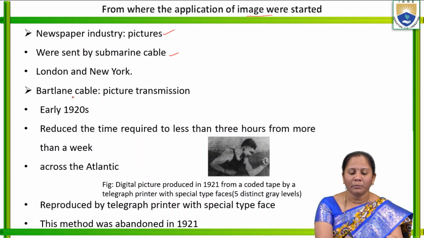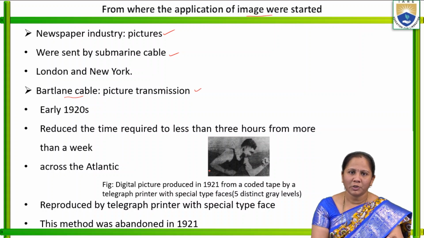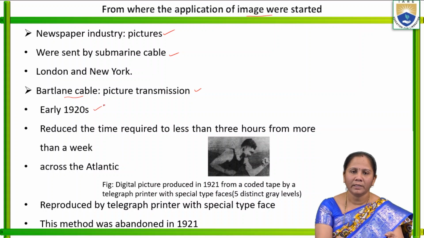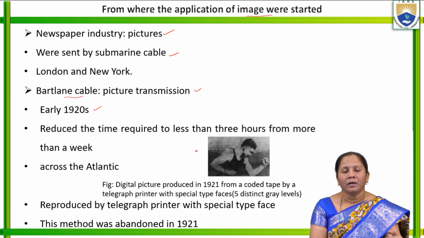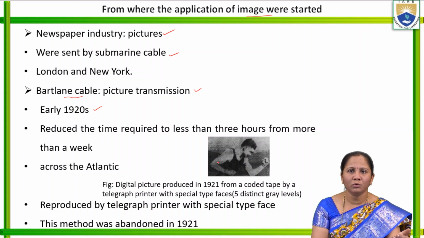After that, it started by using the Bartlane cable. This Bartlane cable is used for transmitting pictures, and this concept was used in the early 1920s. By using this concept, the transmission time was reduced to 3 hours, whereas with the previous concepts, picture transmission used to take more than 1 week.